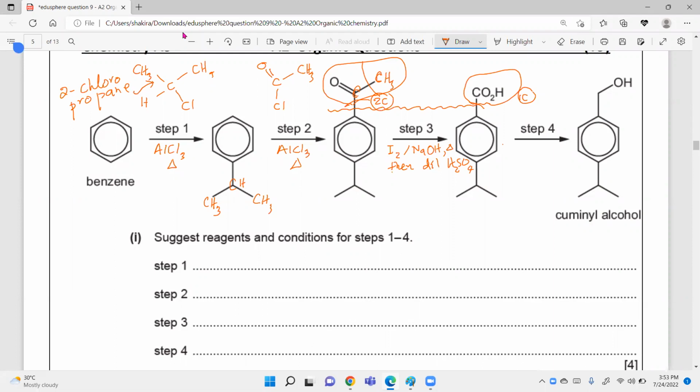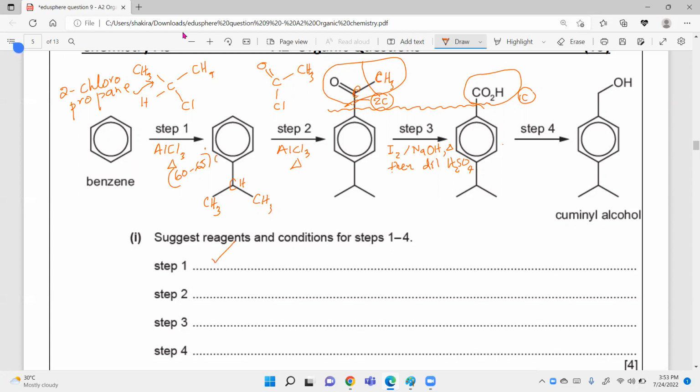And the temperature over here, when I say temperature, you might wonder what it is. It's actually about 60 to 65 degrees Celsius. Very high temperature, 60 to 65 degrees Celsius. So step 1, reagents and conditions, we have done.